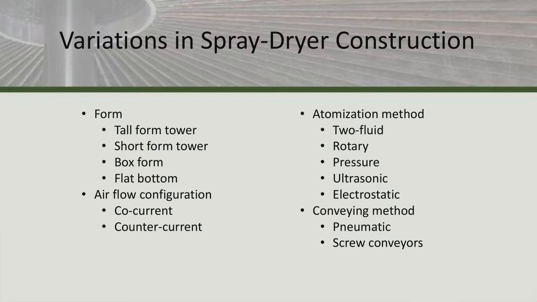There's box-shaped spray dryers with a trough bottom, and they use a screw conveyor to convey the powders out of the system. There's cylindrical towers with a flat bottom and a vacuum arm that sweeps around the bottom and vacuums up the powders. Also, the airflow can be introduced into the dryer in the opposite direction as the liquid. This is called a countercurrent dryer.